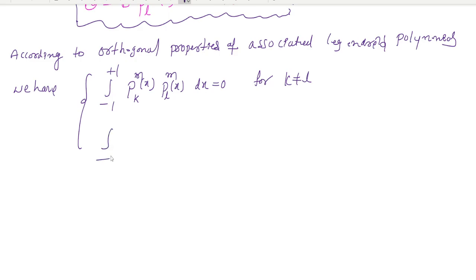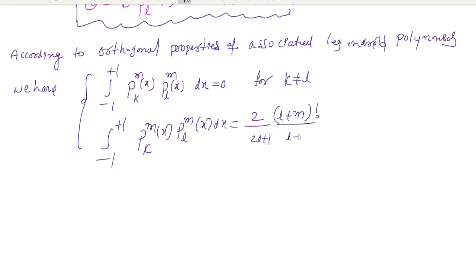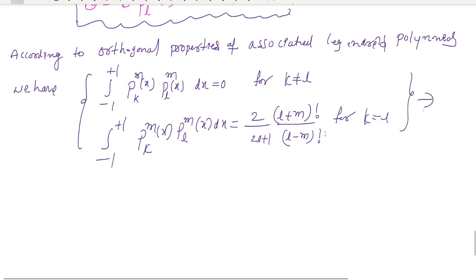Another case, if not equal to 0, we'll get some other value: integral of P l m of x squared dx equal to 2 divided by 2l plus 1 times l plus m factorial divided by l minus m factorial for the case of k equal to l.